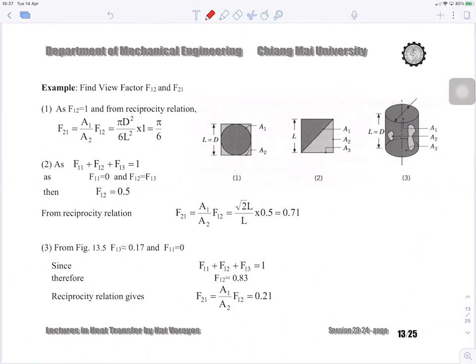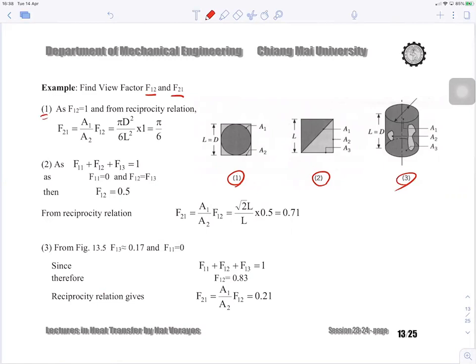More examples are to find the view factors F12 and F21. I will give you the case where you have two geometries for each surface. This is problem 1, problem 2, problem 3. But you need to find F12 and F21 in each of the problems. Let's start with problem 1. Okay.